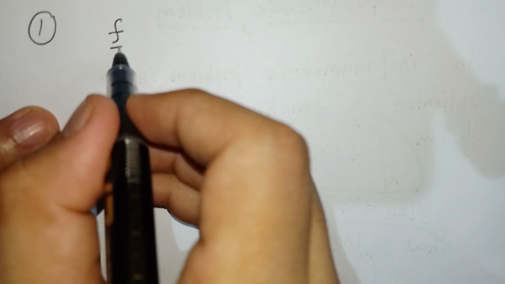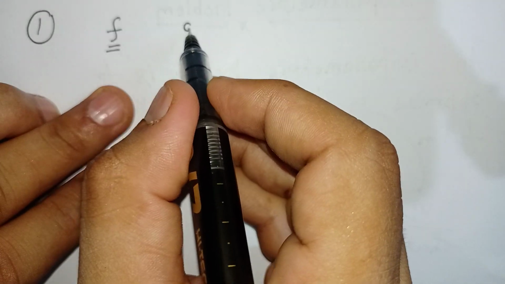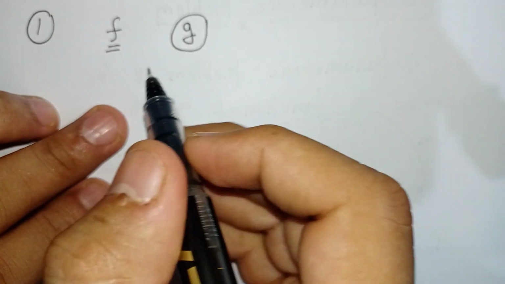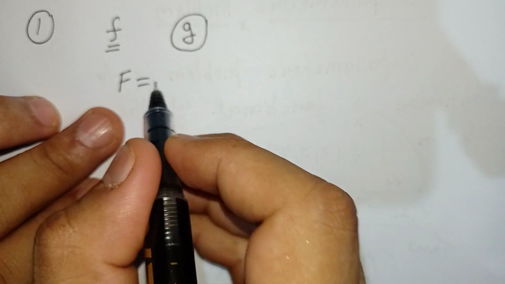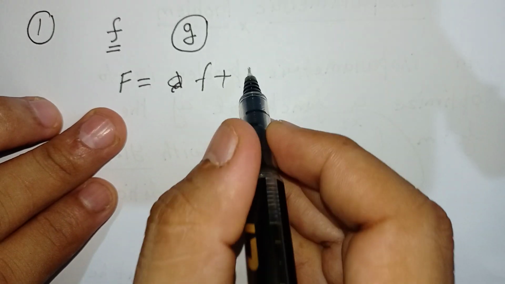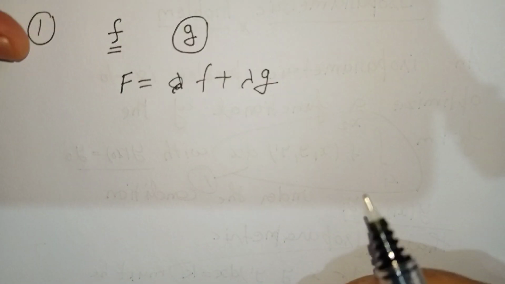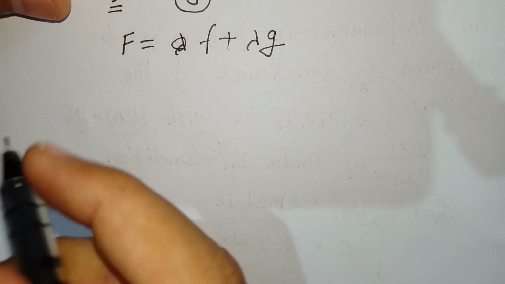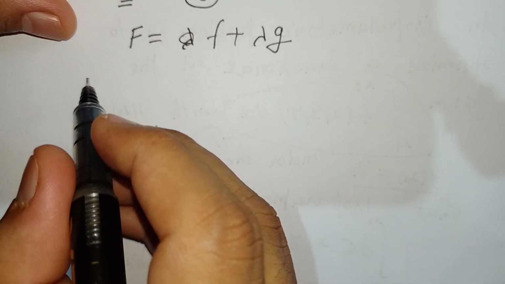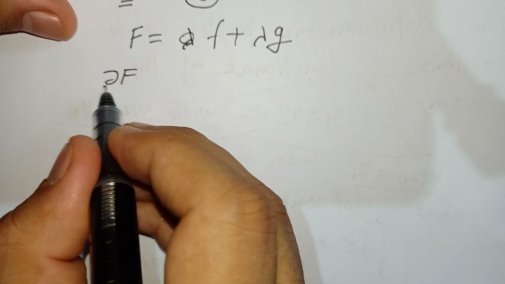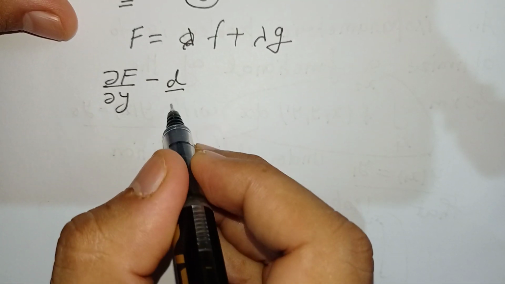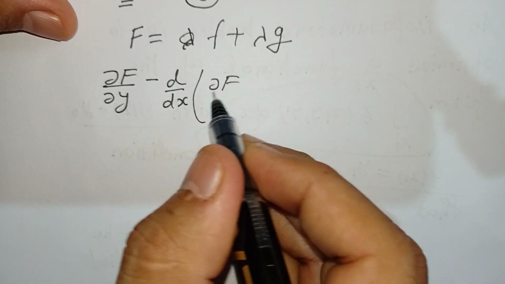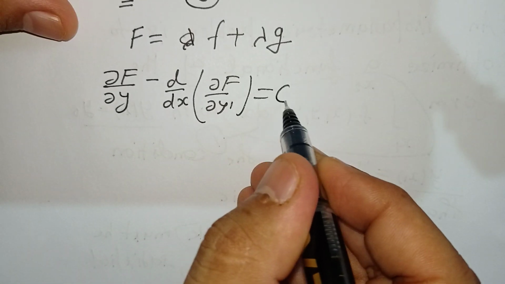So the working procedure, first step: we need to find the small f from the given problem and we need to find the g, that is the constraint. Okay, so we define one new function capital F equal to f plus lambda g. Now to find the extremal of this capital F, the necessary condition that should be satisfied is the Euler equation. So this satisfies del F by del y minus d by dx of del F by del y' equal to 0.